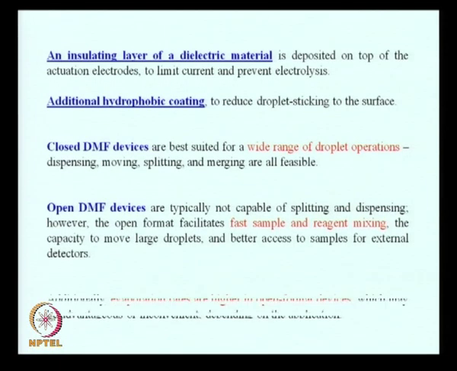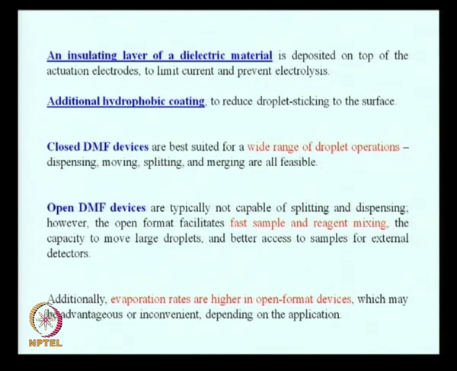There is another aspect, and depending on whether you call it an advantage or a disadvantage, evaporation is possible from an open digital microfluidic system. Now, if you have a reaction going on in a droplet, and if evaporation takes place, that is definitely a disadvantage.